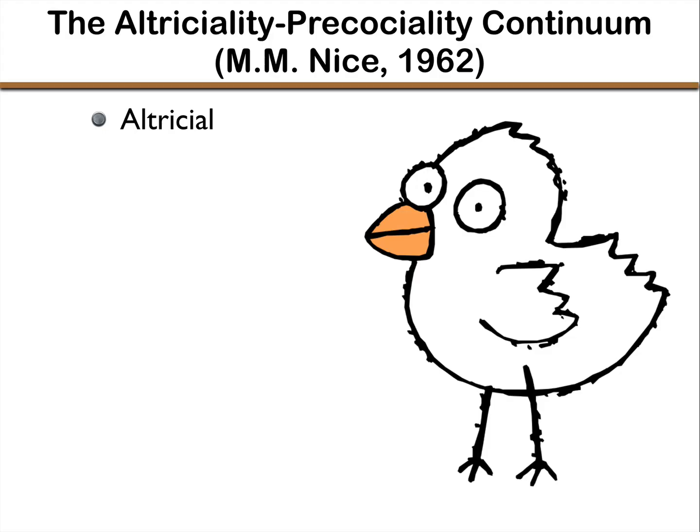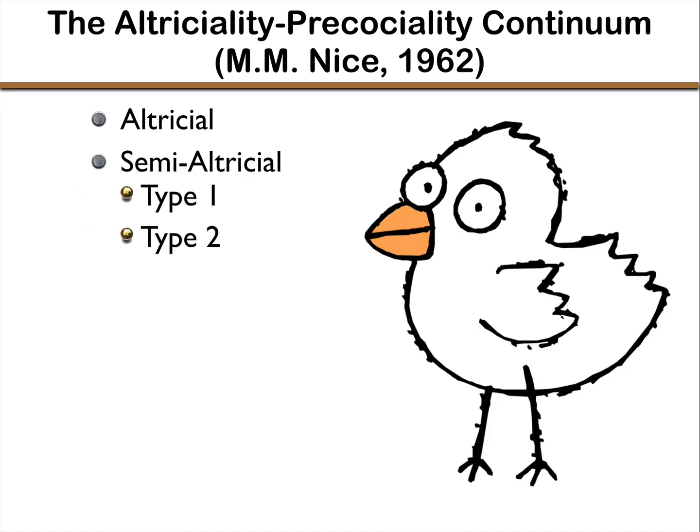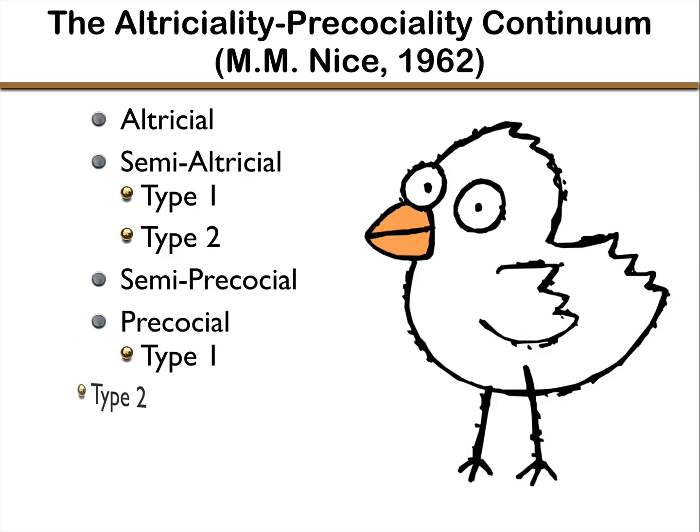So we start with her category of altricial, and then her next step toward precociality is semi-altricial, and she defined two types of semi-altricial species. Then semi-precocial, so we're getting closer to the precocial end now. Then precocial, outright precocial, but she also looked at four subtypes of precocial species.